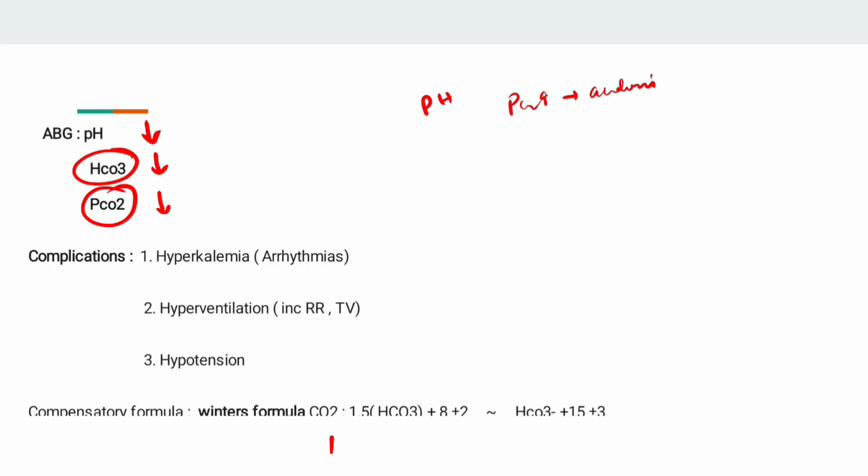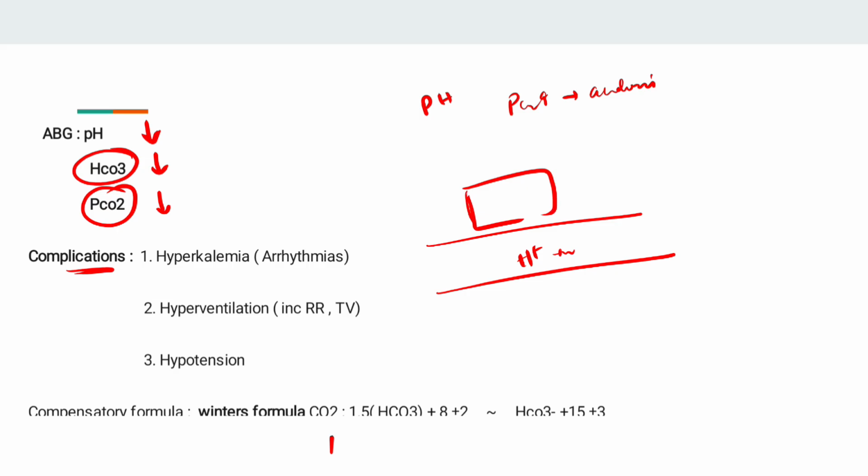Then what are the complications of metabolic acidosis? As we know, here it is metabolic acidosis. There are increased H+ ions in the blood, so the body will automatically try to compensate by decreasing the H+ ions in the blood. The body will try to push H+ ions into the cell.